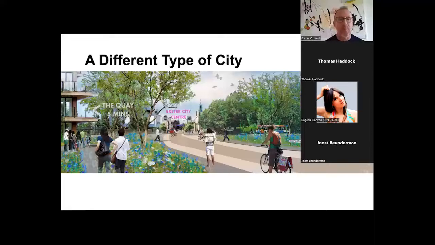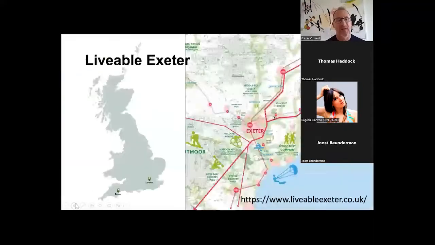Actually, if you put them all together, it means that we need to be creating different types of city. So this was not about tinkering, it's actually about transformational change. And for us, that was a huge penny-dropping moment, which really brought home the scale of the change that needed to be made. So moving on to the next slide.